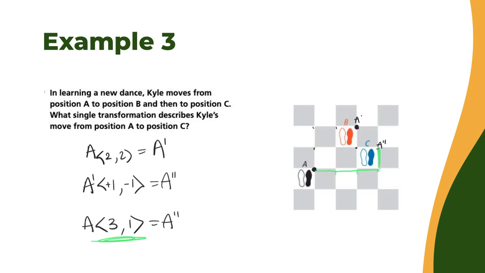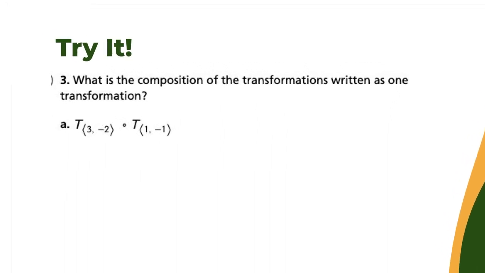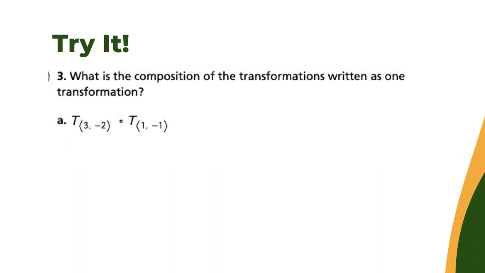Okay, so now you're going to try this composition of functions. For notation, this little circle shows composition. It says you're going to do this transformation, and then you're going to do this transformation.